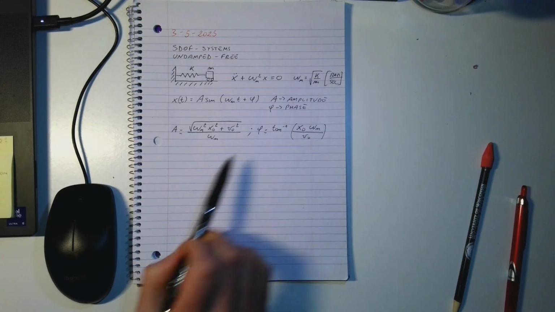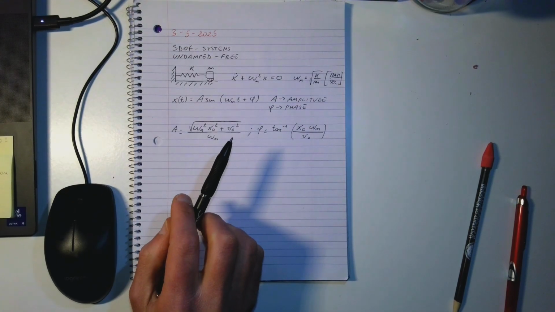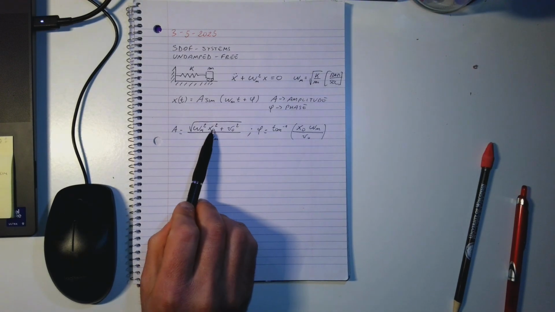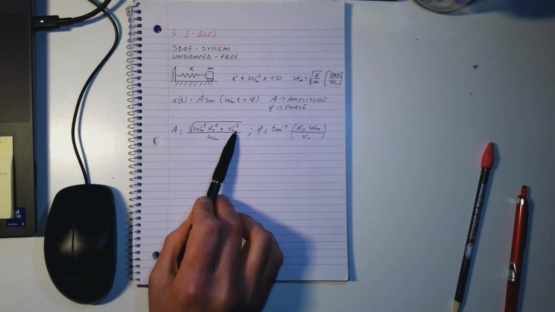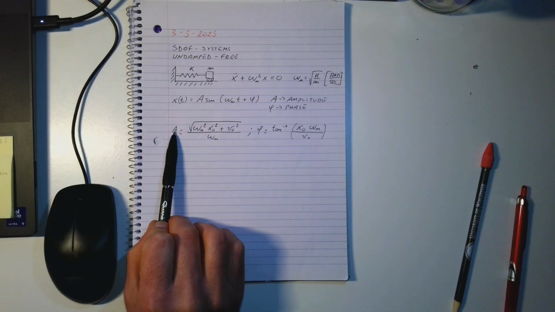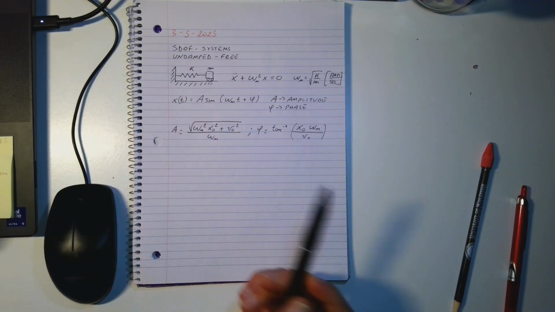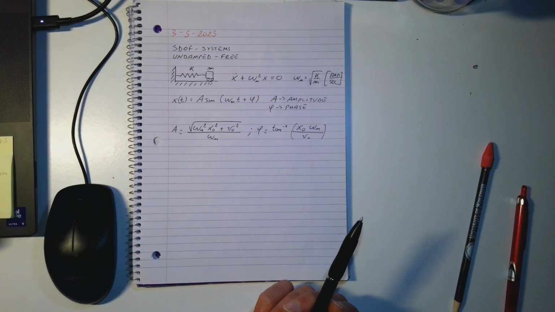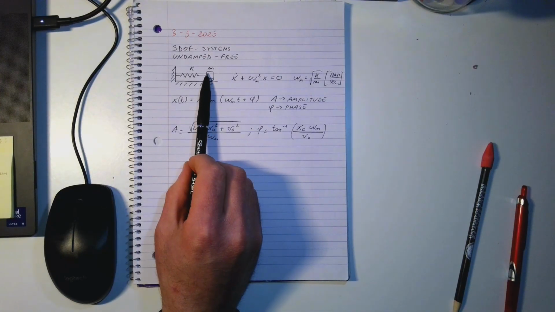This also means that if both the initial position and the initial velocity are 0, so if these two terms are equal to 0, it means that the amplitude is 0, which means that we don't have any motion for our mass in this case.